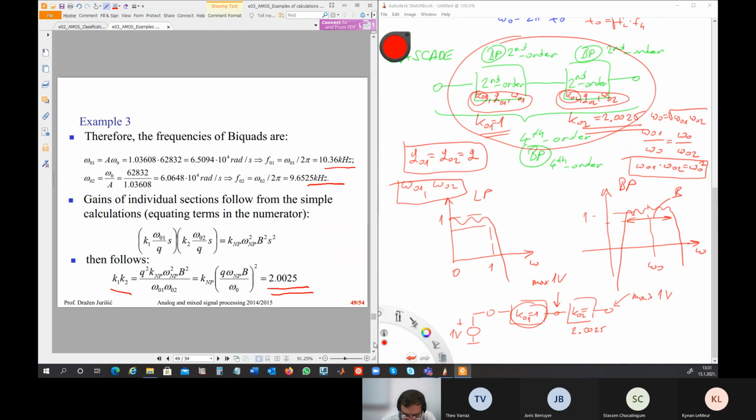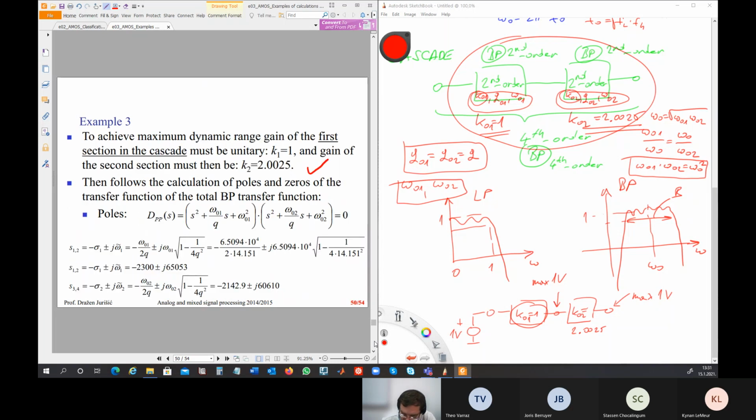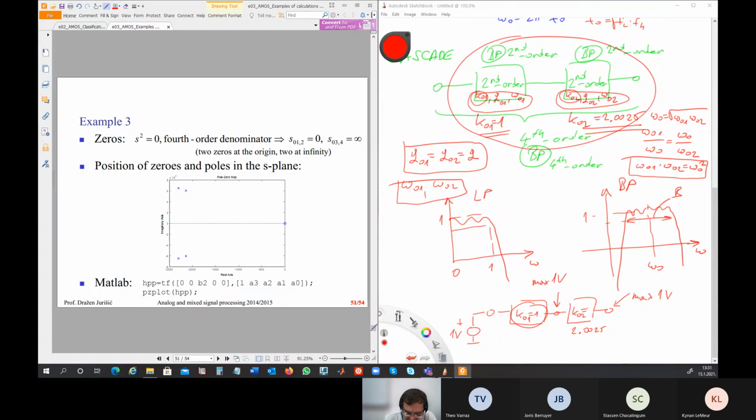Okay, and then you have the possibility to do the pole-zero plot.